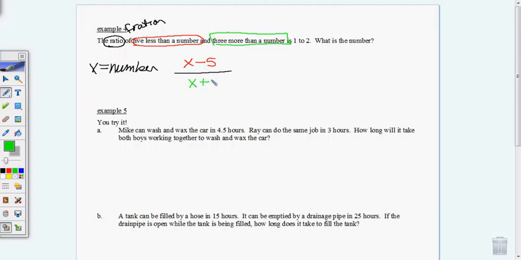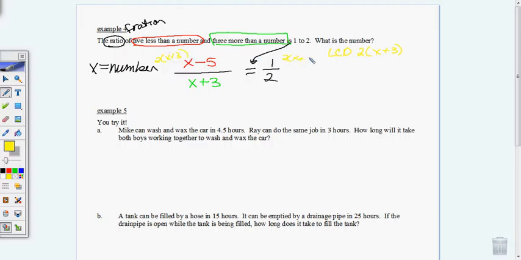x plus 3, equals 1 to 2. So, okay, I got that set up. How do we attack these? We go looking for our LCD, and in this case, my LCD would be 2 times x plus 3. So I'm going to multiply this by 2 times x plus 3, and this by 2 times x plus 3.